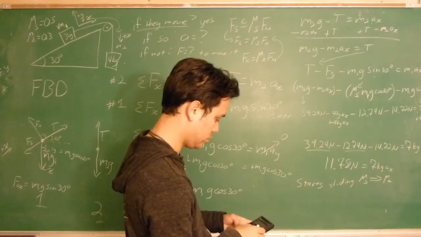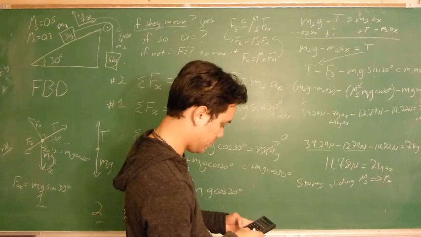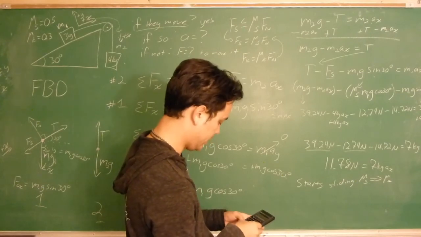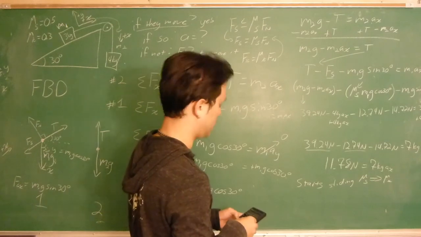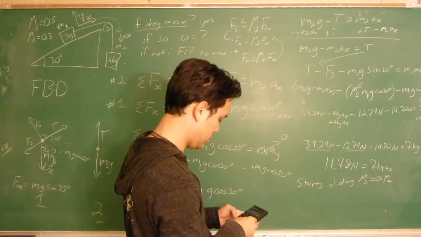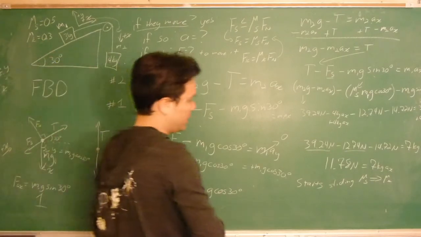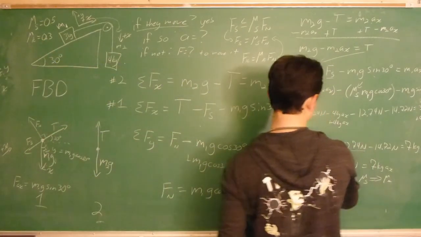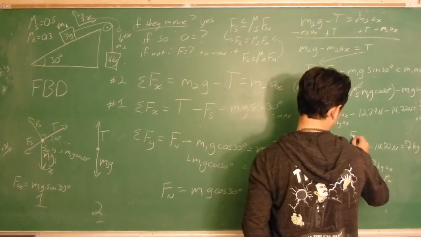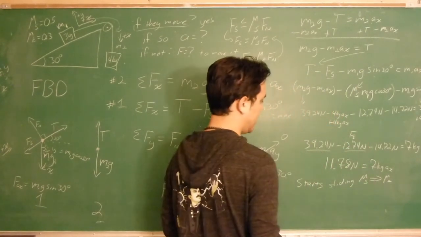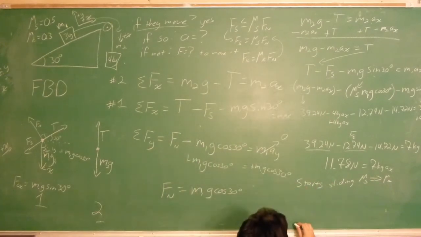So I'm going to do cosine 30 times 9.81 times mass of object 1, which is 3, times 0.3, which is my coefficient of kinetic friction, because now I'm sliding. And so now instead of this being my force of static friction, I'm going to replace that with the force of kinetic friction, because the things are going to move.